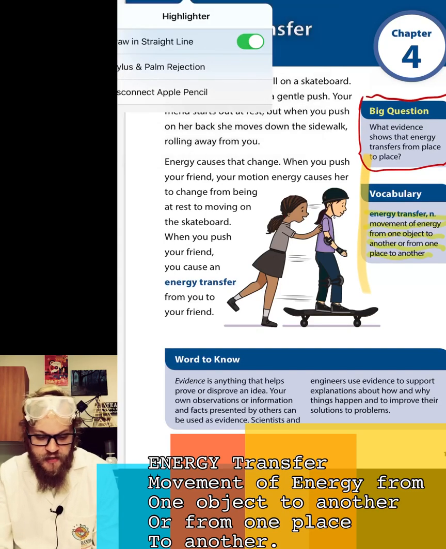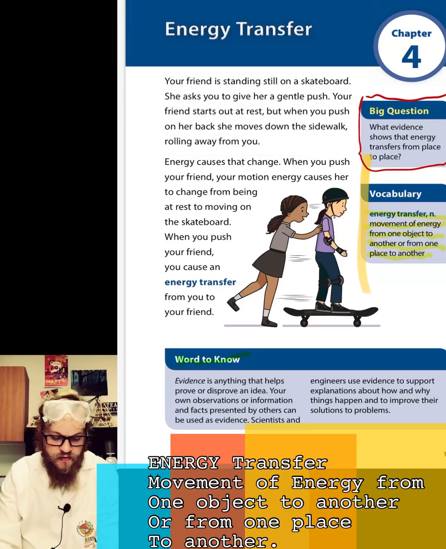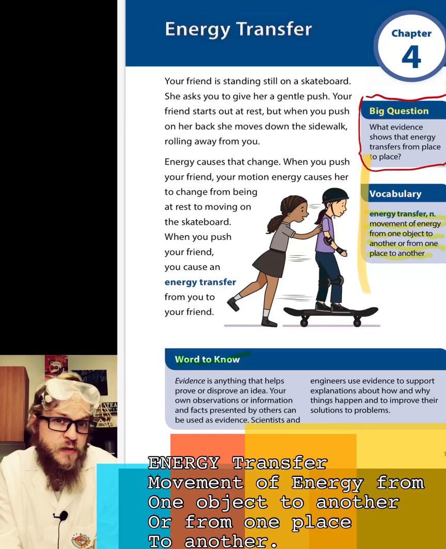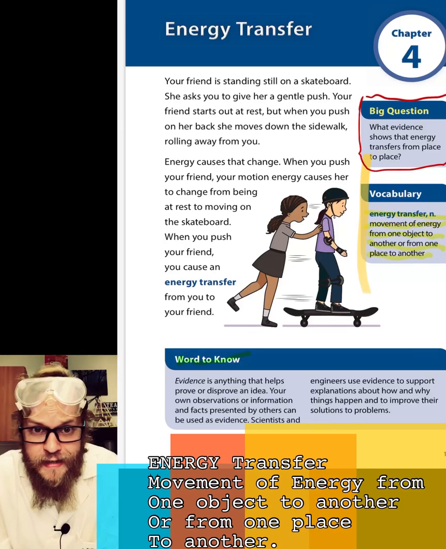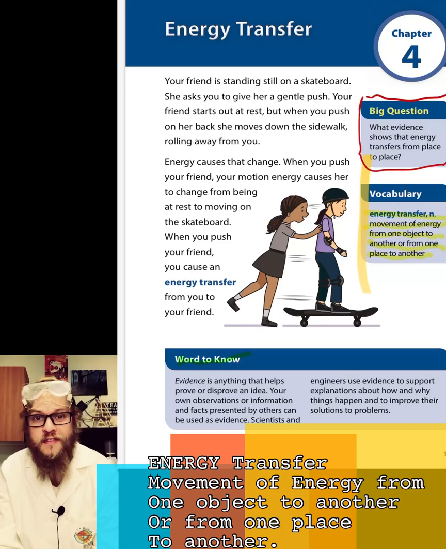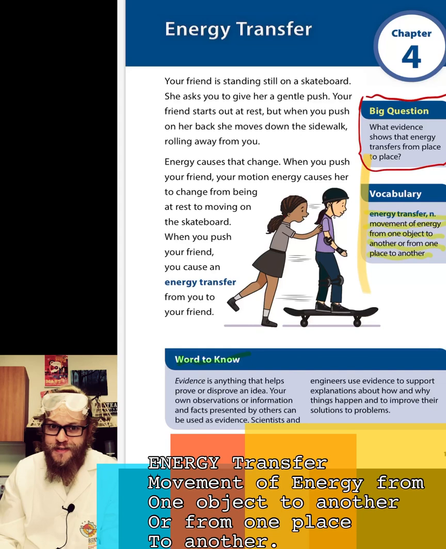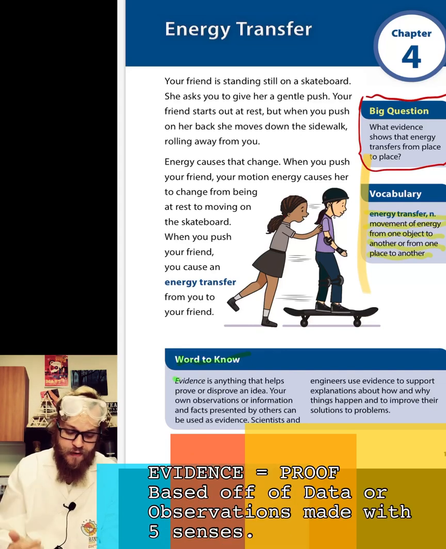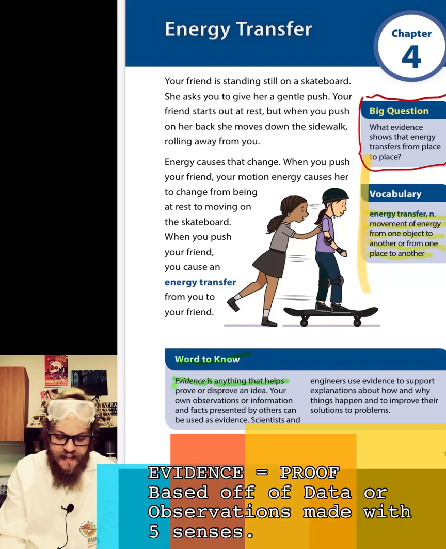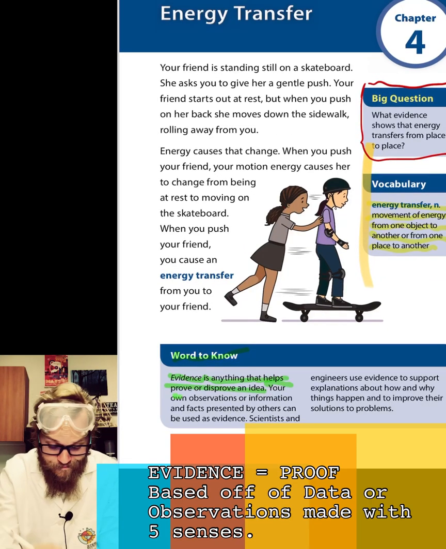That's our vocabulary term. We also have a new box, this box that says word to know. And this is words that you'll see throughout science, throughout reading. These are words that we want to apply to our everyday lives as scholars in thinking deeper about subjects. The word is evidence. And evidence is anything that helps prove or disprove an idea.